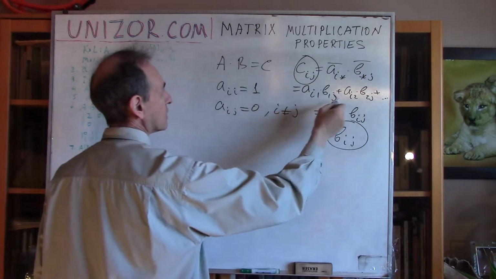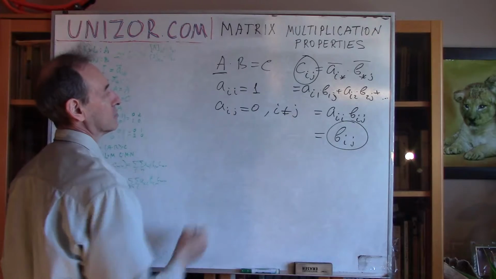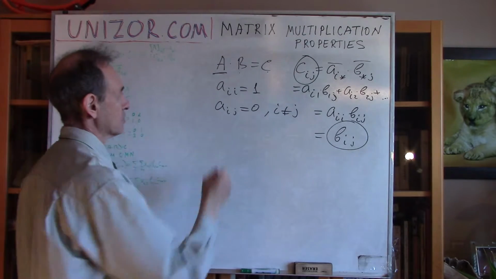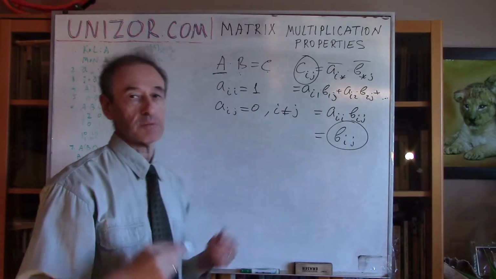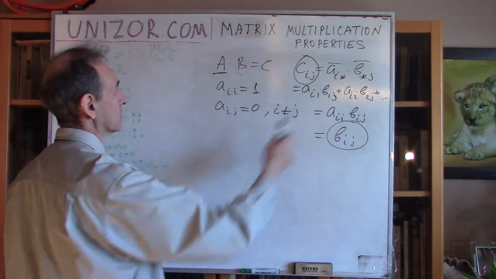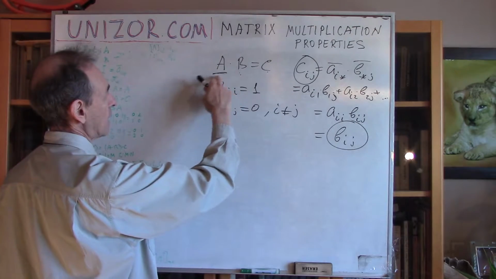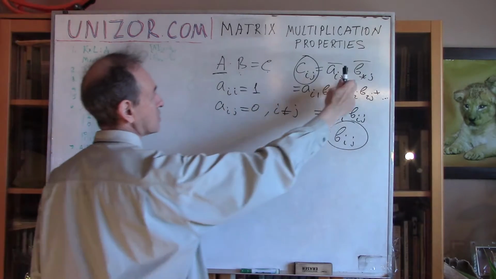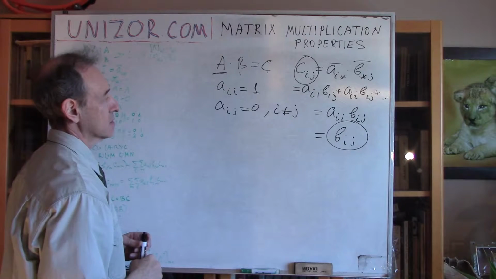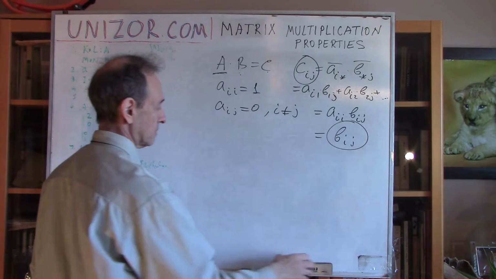So if my matrix A is identity matrix, then B and C are exactly the same, which means multiplication by this identity matrix doesn't really change it. Now this is multiplication on the left, and obviously if instead of A you have B matrix, which is equal to unit matrix, you will have exactly the same thing.